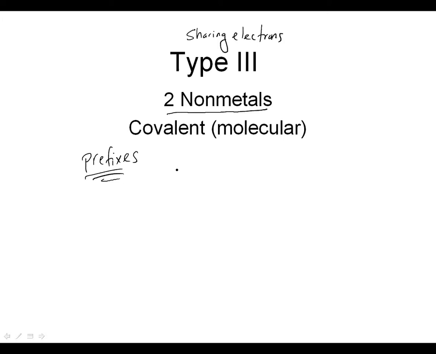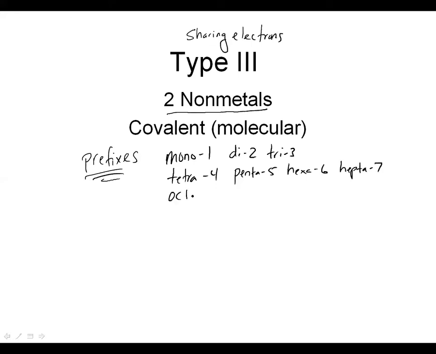So we use those prefixes like mono means 1, di means 2, tri means 3, tetra means 4, penta means 5, hexa means 6, hepta means 7, octa means 8, nona means 9, deca means 10.